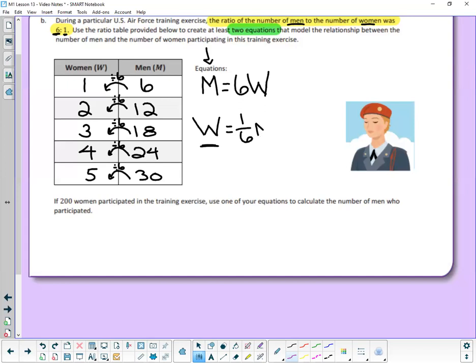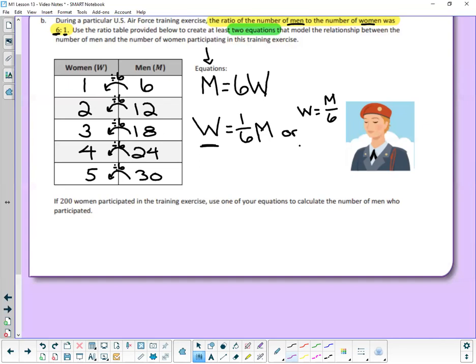One-sixth M. So the number of men multiplied by 1/6. However, if you were to do women equals men divided by 6, I will accept it.